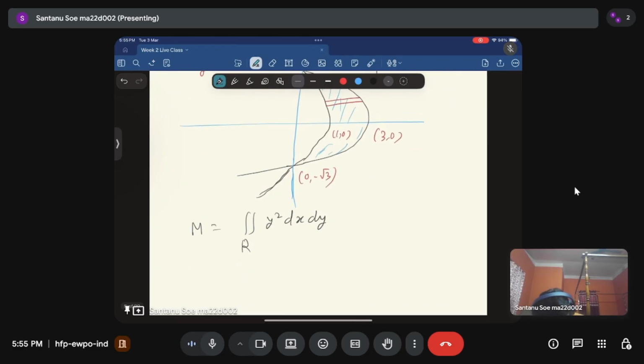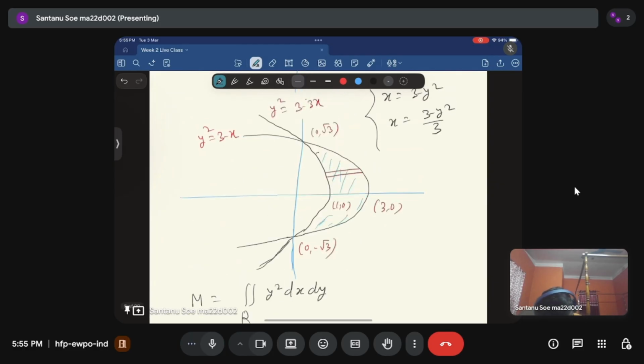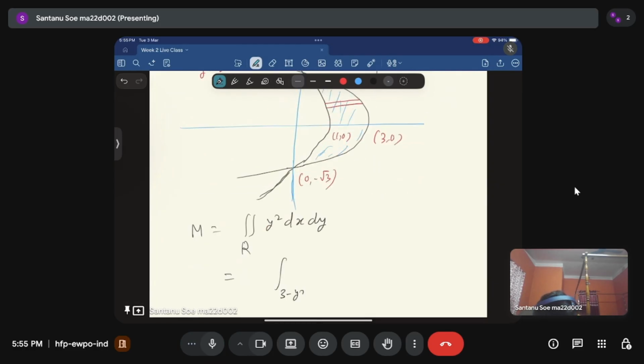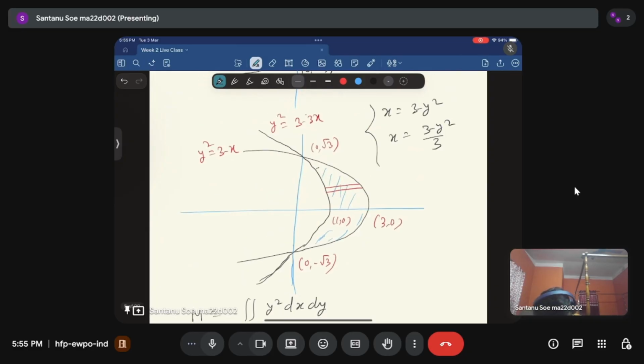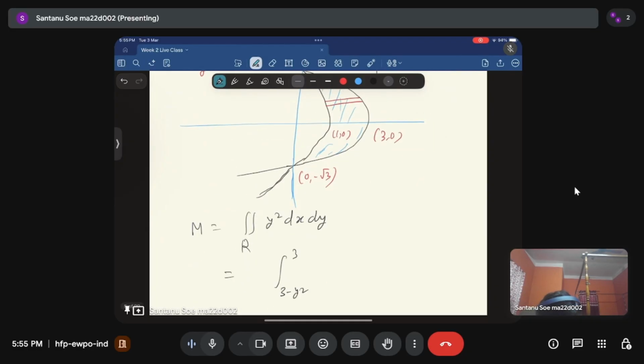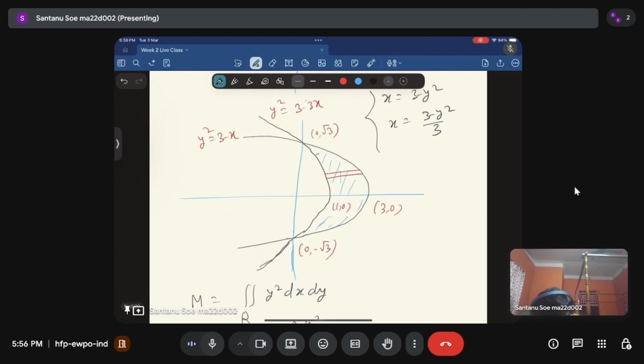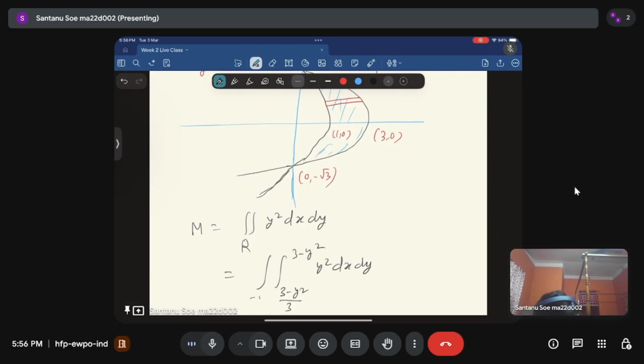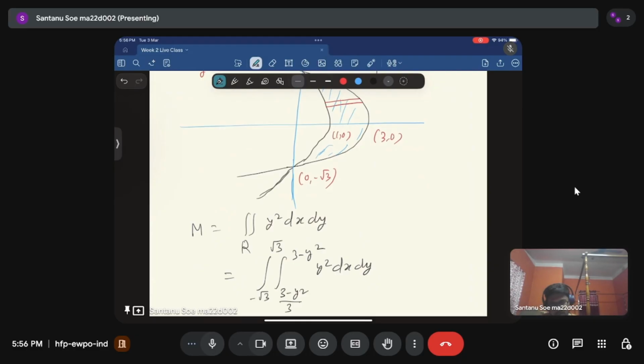So this limit is going to be from (3 minus y square) by 3 to 3 minus y square, dx dy, and the limit of y is varying from minus root 3 to root 3. Okay, so now we have to calculate this double integration, correct?